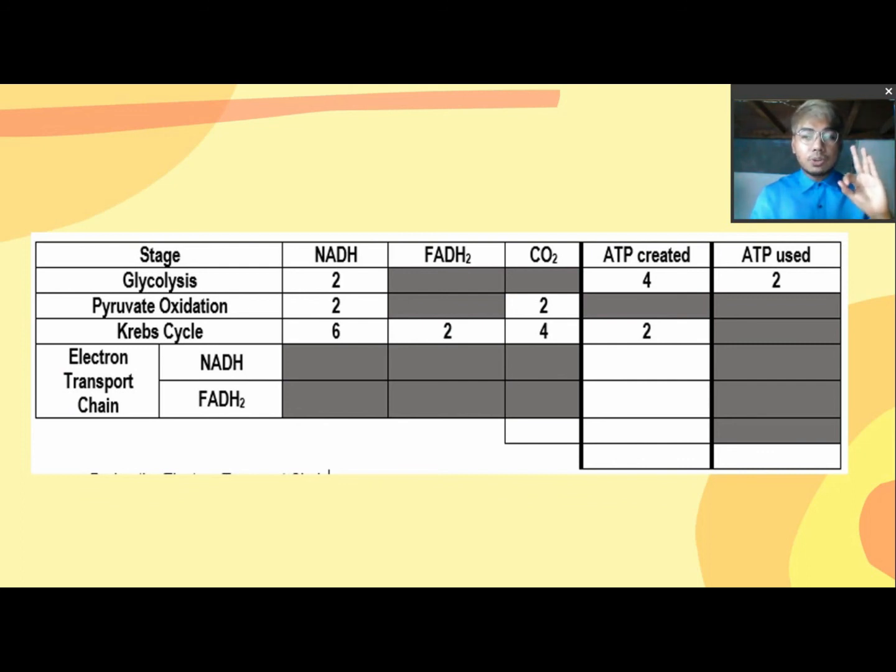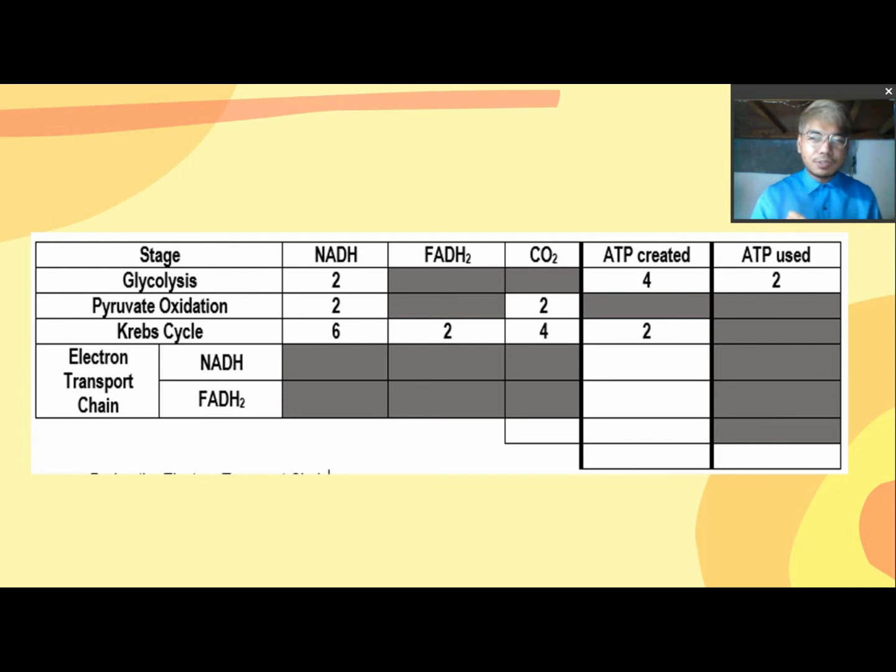But in every glucose molecule, there will be a total of 6, since times 2. Then, the FADH2 that will be created would be equivalent to 2, 1 for each acetyl-CoA. Then, carbon dioxide, we have 4. Then, the ATP that will be created is only 2 for every glucose molecule.